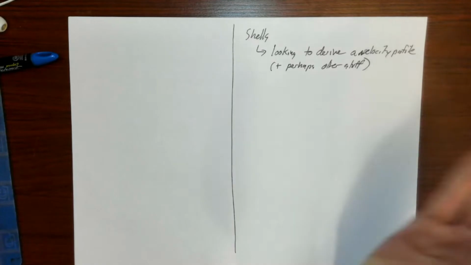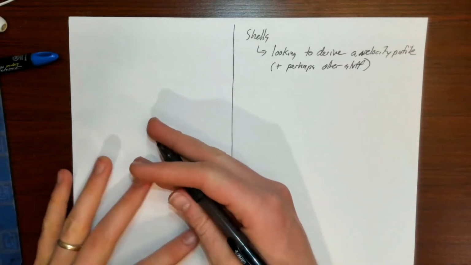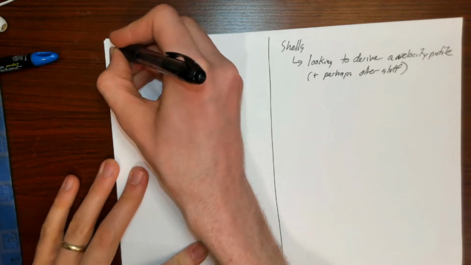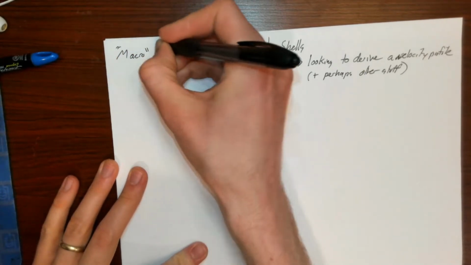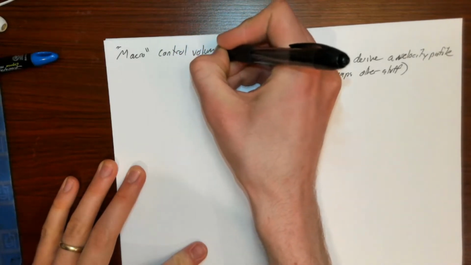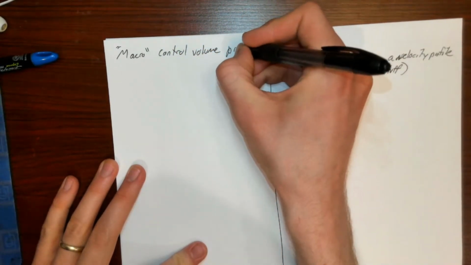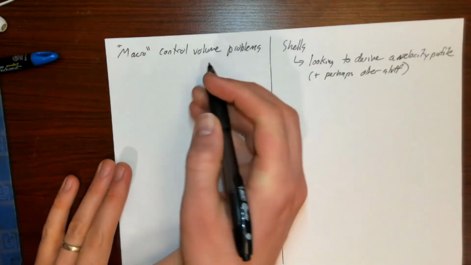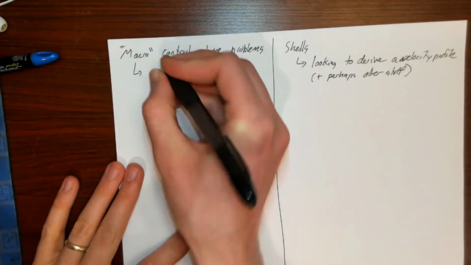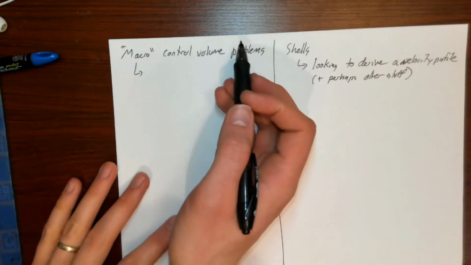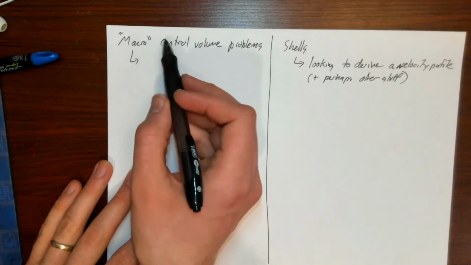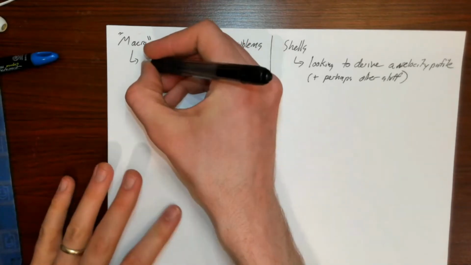Up until this point, I'd like to contrast shells to these macro control volume problems. For macro control volumes, we often needed to be given something in order to solve problems where we used some macro control volume.